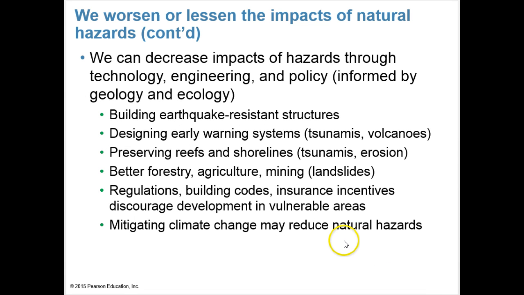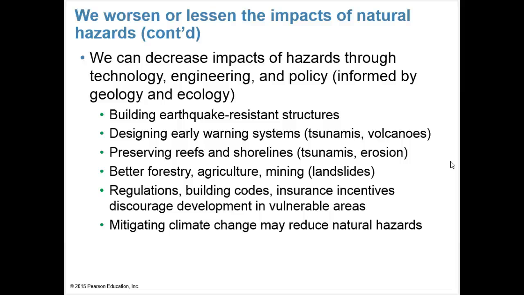We can decrease impacts of hazards through technology, through engineering, and by making good policies that are informed by the study of geology and ecology, such as, for example, building earthquake-resistant structures can help decrease damage. We can design early warning systems so people can be warned to reduce death tolls from items like tsunamis and volcanoes.